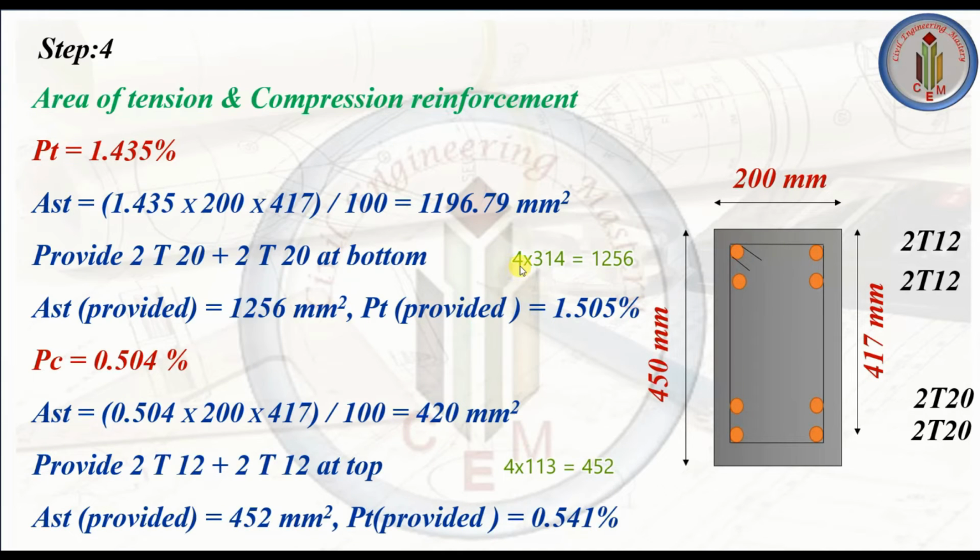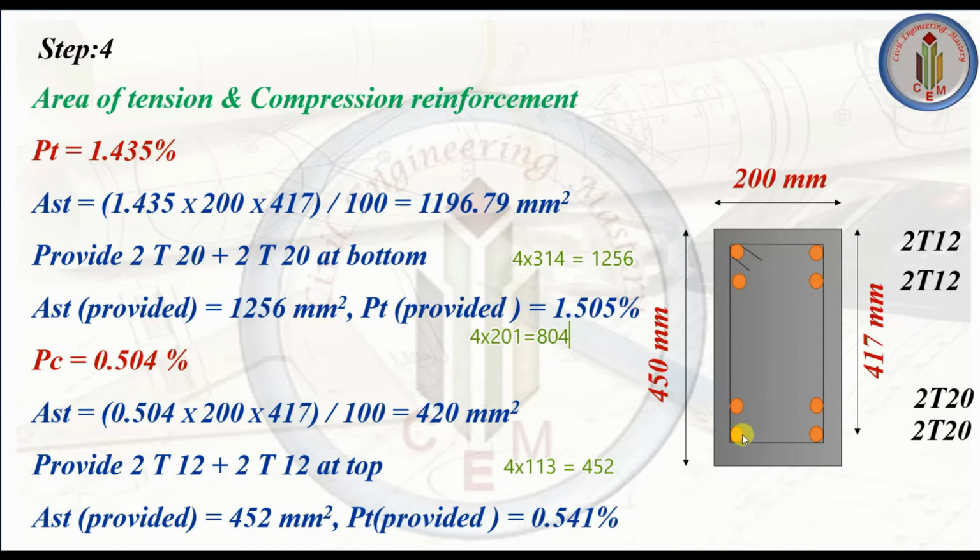You can ask: instead of 20 mm dia bar, what happens if we go with 16 mm dia bar? Let me show you that. 4 times 201 is the area of one 16 mm dia bar, so that comes around 804. This is the area of 4 bars of 16 mm dia.